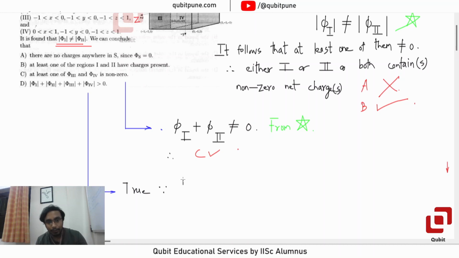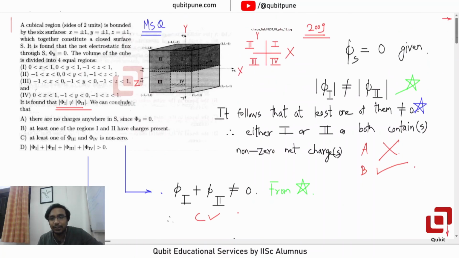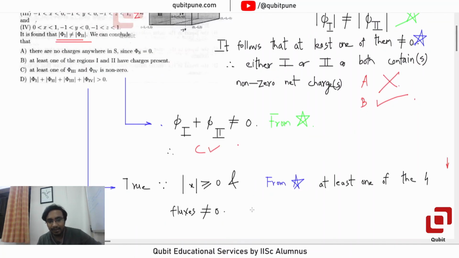Because mod of any real number is greater than or equal to 0, and we have again from the earlier result that at least one of the 4 fluxes is not 0, and therefore mod of phi 1 plus mod of phi 2 plus mod of phi 3 plus mod of phi 4 should be positive. Have you understood this? So 3 options are right. B, C and D all are right. A is not right.